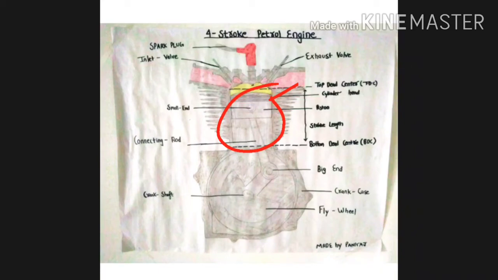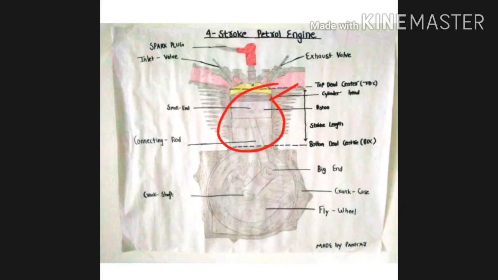Now the inlet valve you know very well. In the present situation, in the 4-stroke petrol engine, injectors are situated. From this area the intake happens, and according to the load and the use, we inject the fuel in the correct manner.